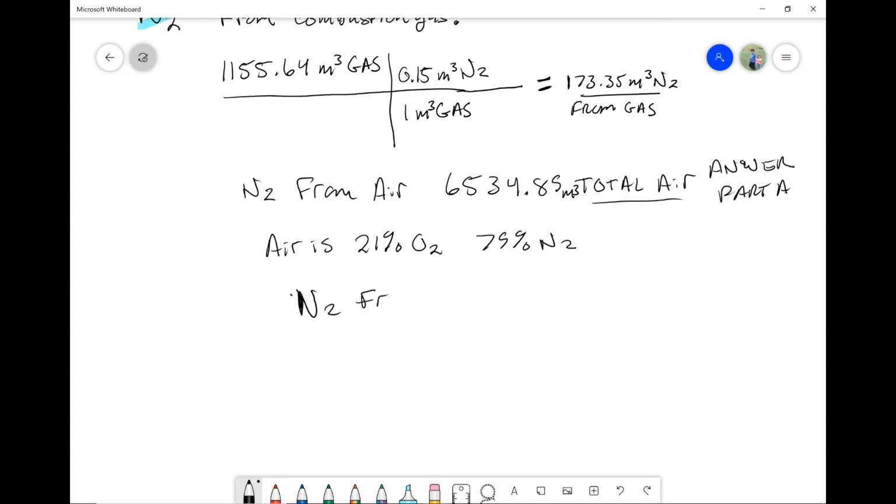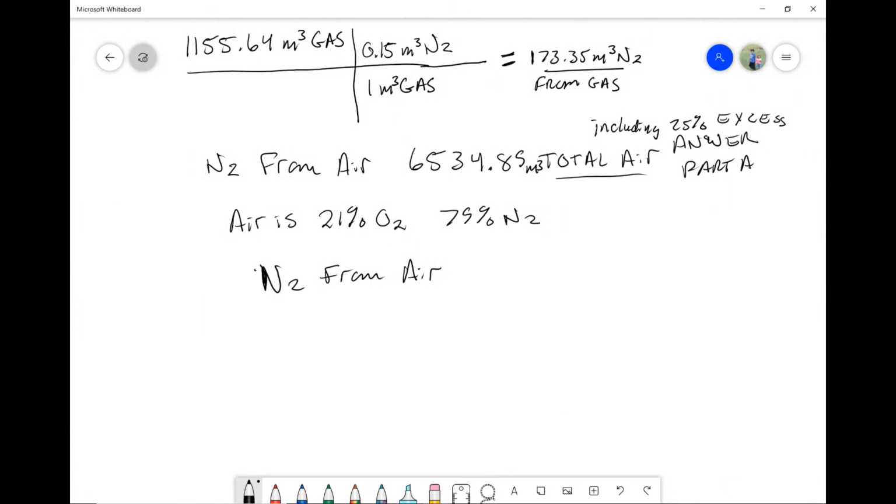And remember, this is the total air, including the 25% excess. Excuse me. Sorry about that.